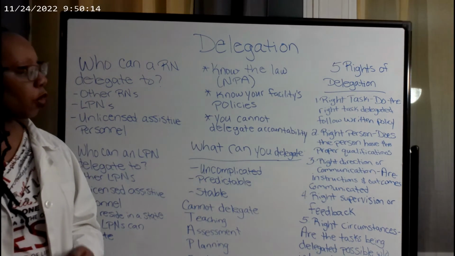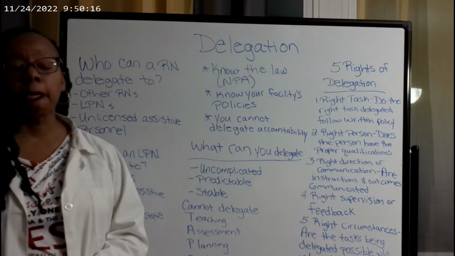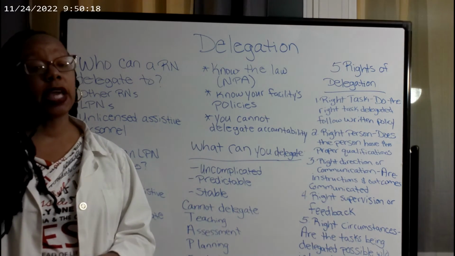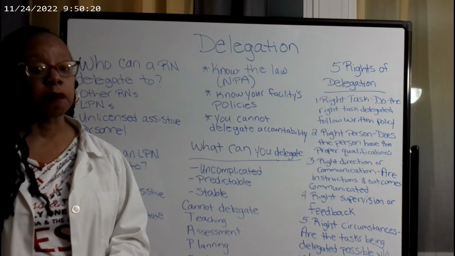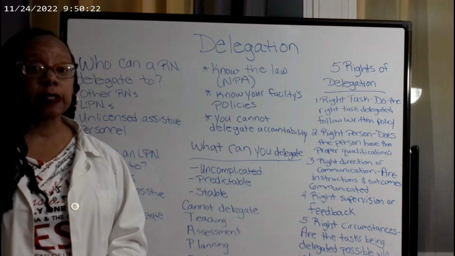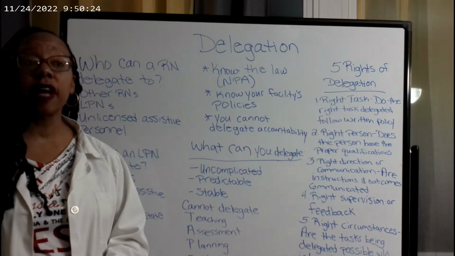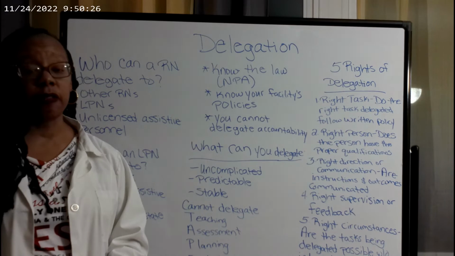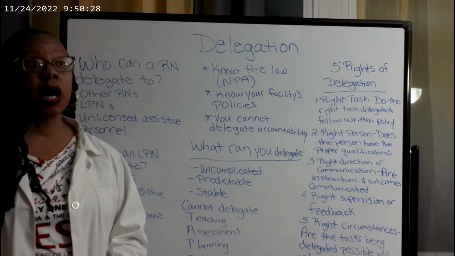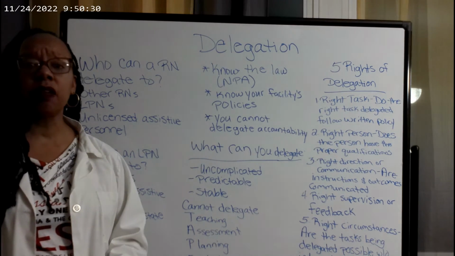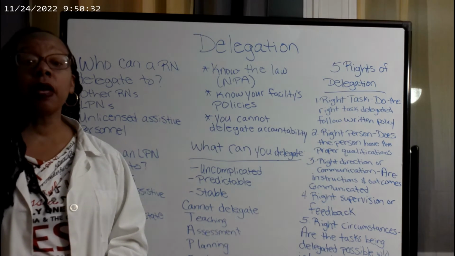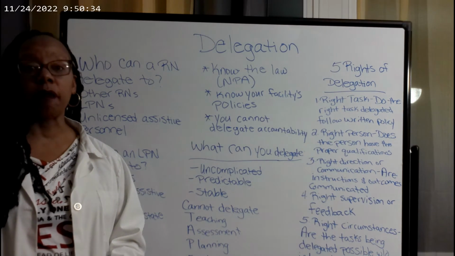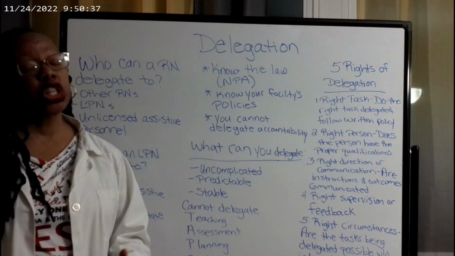Okay, the right supervision or feedback. So as I said before, you cannot delegate accountability. You still need to supervise, and then you need to provide some feedback after the fact. So if there was something that they could have done a little bit better, then share that with them. If they did a great job, share that with them.